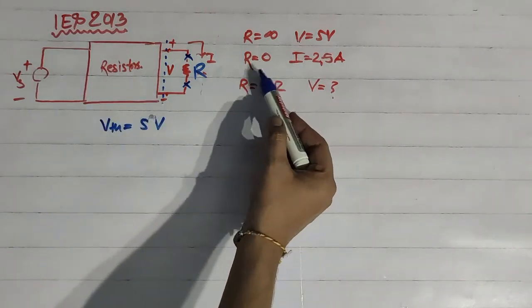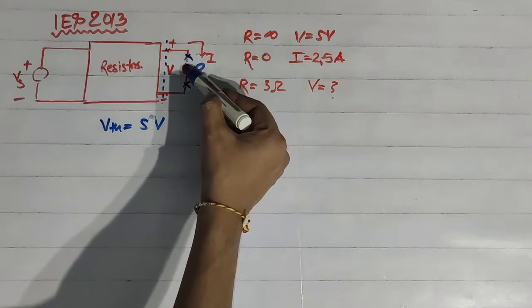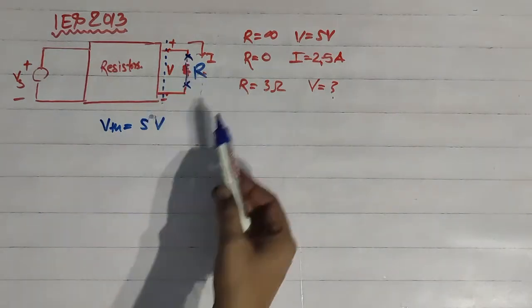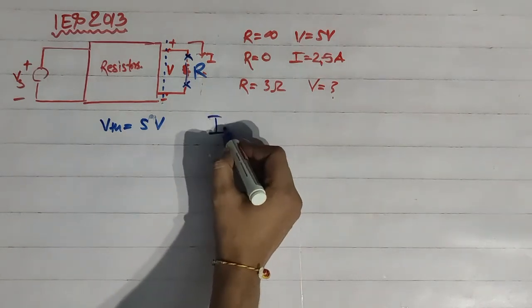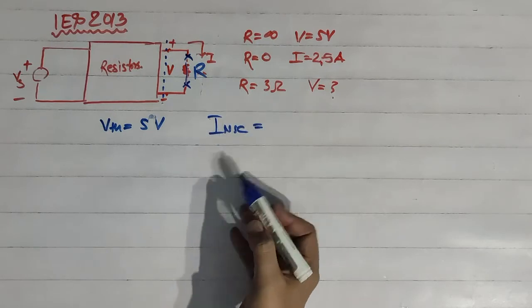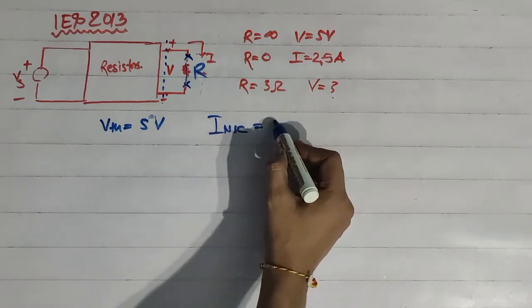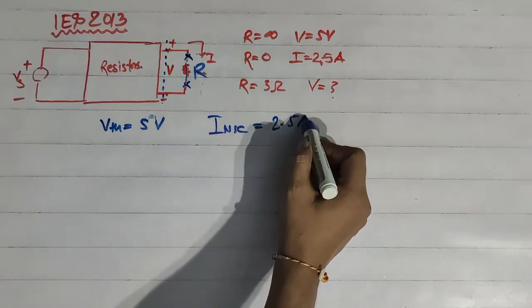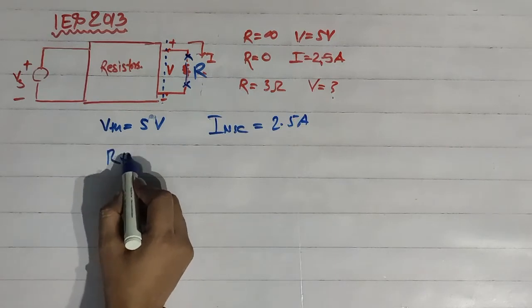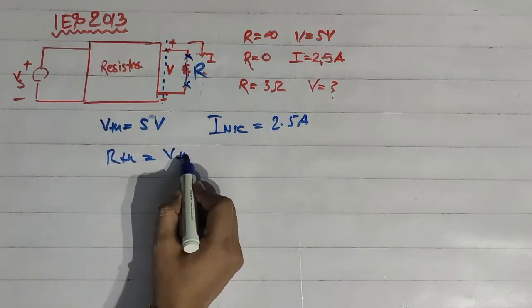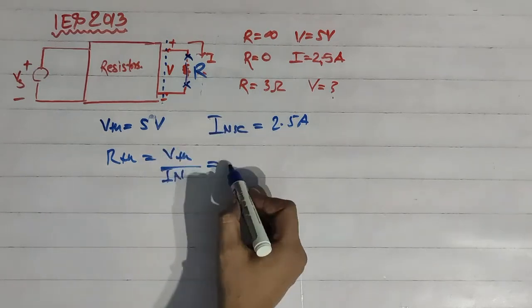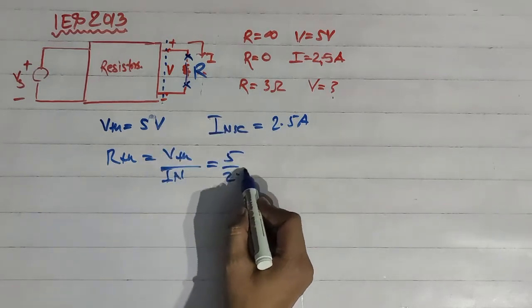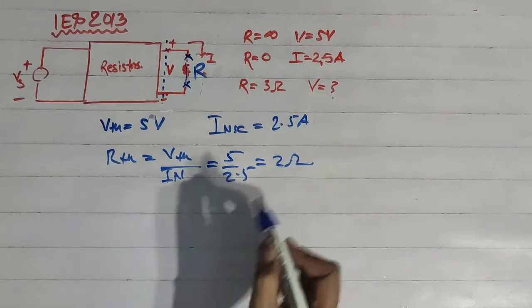And when this R is 0, it means this resistance is shorted, in that case current through this resistance is 2.5 ampere. It means here ISC, Norton current, is given as 2.5 ampere. So what is RTH? It is simply equal to VTH by IN, so it is equal to 5 by 2.5, that is equal to 2 ohm.